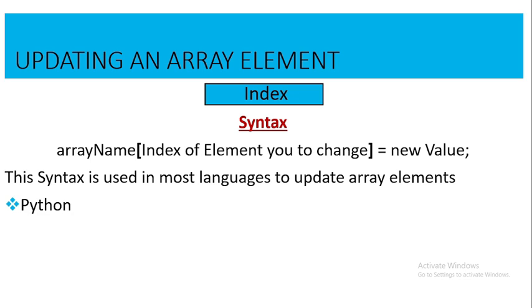In Python you see the same syntax. In JavaScript, you see the same syntax. In C++ and Java, you see the same syntax. Array name, square bracket open, index of element you want to change, square bracket closed, equal new value.